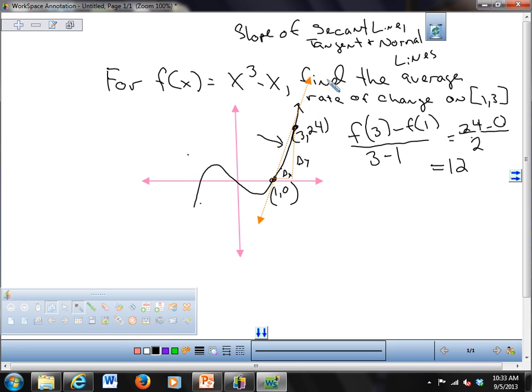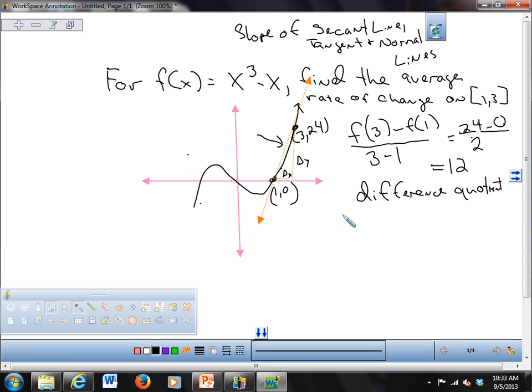And so that has a couple different names. It's called the average rate of change, and it's also known as the slope of the secant line, and it is also known as the difference quotient, which they sometimes use. Quotient means division, okay?